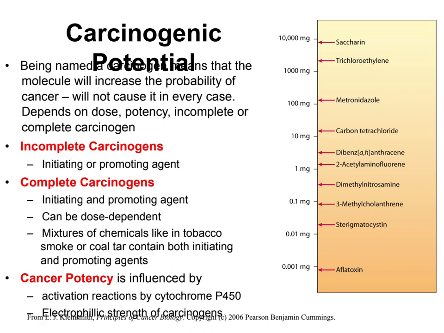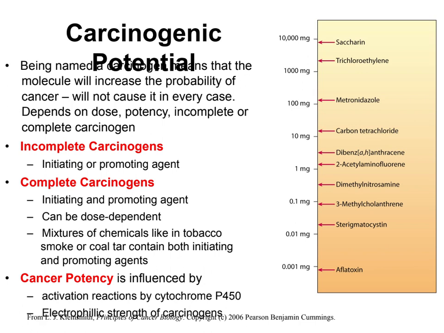Their ability to act as a complete carcinogen is often dose dependent. An example of something that is a complete carcinogen would be tobacco smoke or coal tar, which have a mixture of chemicals. And so they have this mixture of chemicals that can act as initiating and promoting events.